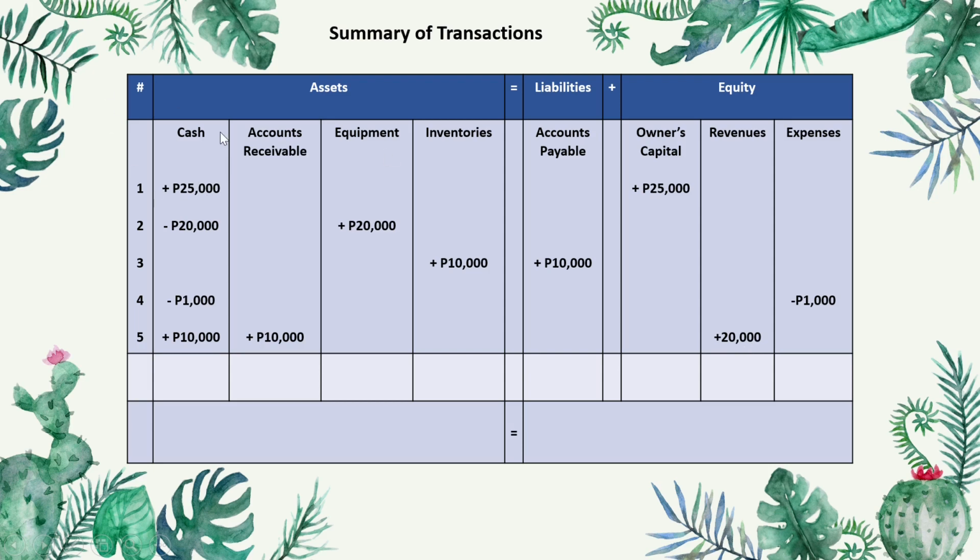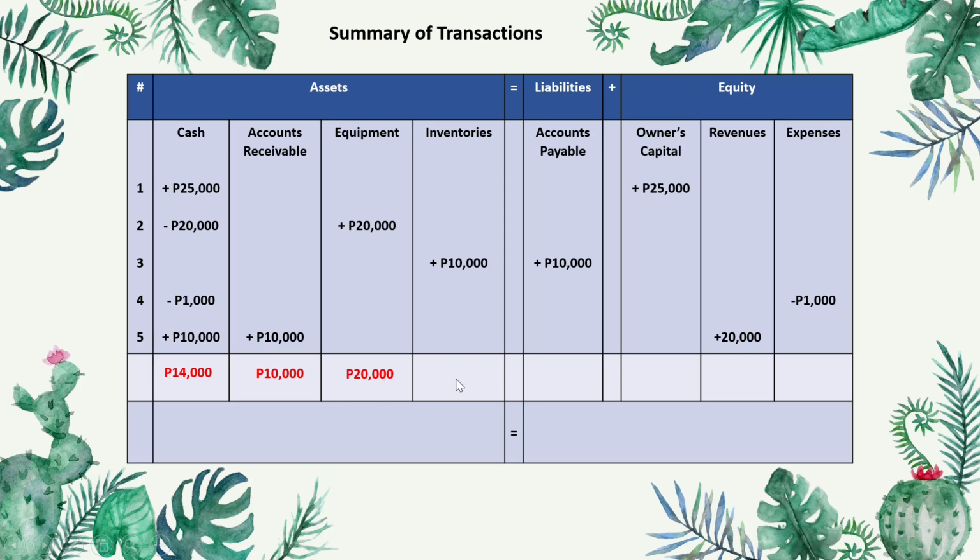Okay, so i-total natin yung cash niya to. Positive 25,000, negative 20,000, negative 1,000, and positive 10,000. Total is 14,000 pesos. And accounts receivable niya is isa lang yan sa 10,000 pesos. And equipment, isa lang din yung equipment niya worth 20,000 pesos.